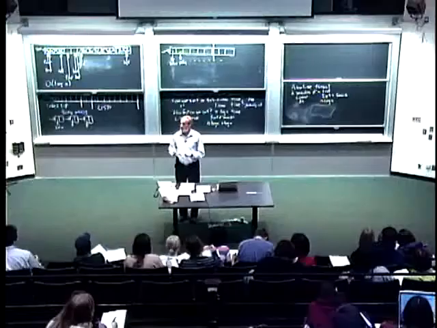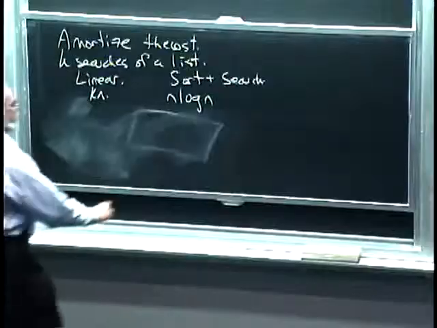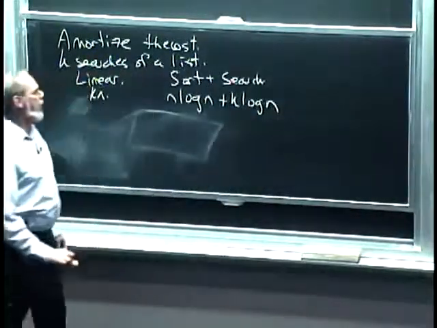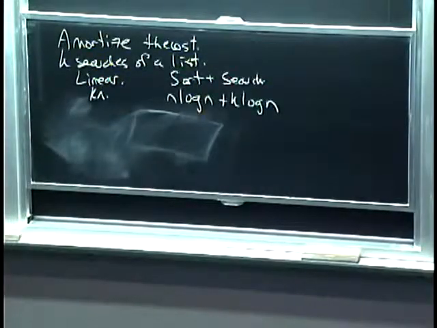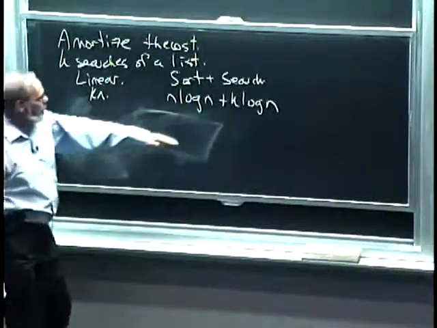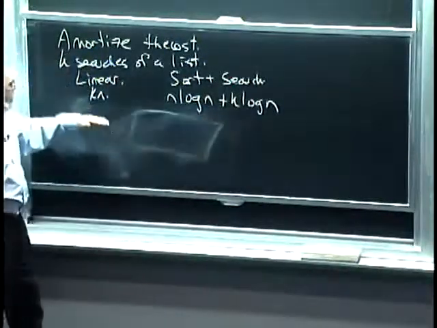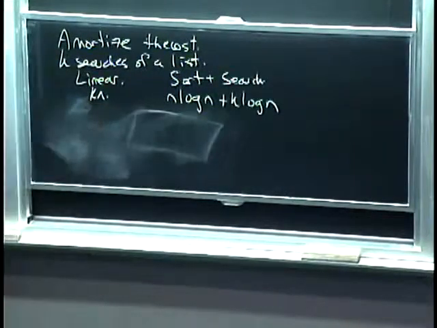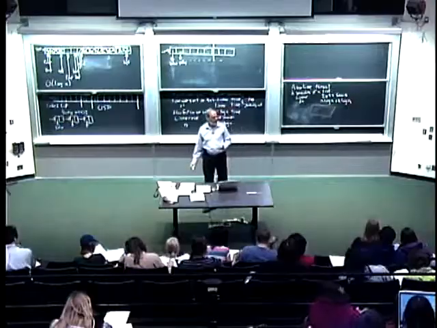If I want to do k of them, that's k log n. Aha. Now I'm in better shape, right? Especially for really large n or for a lot of k, because now, in general, this is going to be smaller than that. So this is a place where the amortized cost actually helps me out.